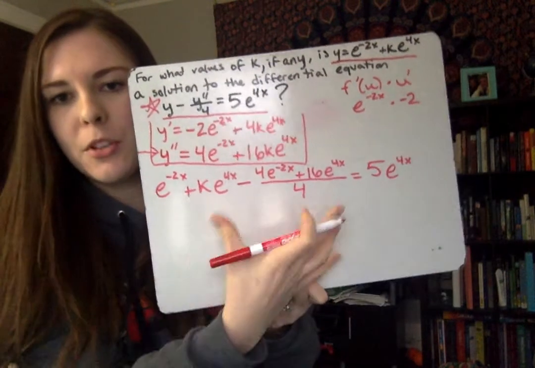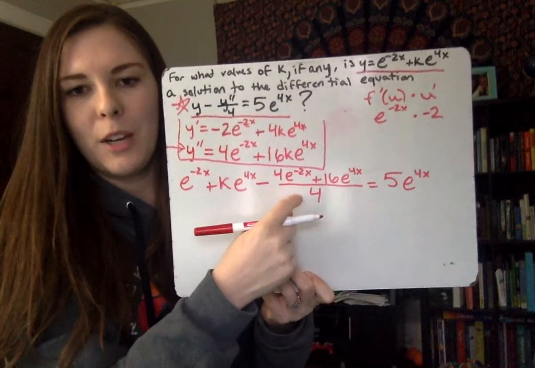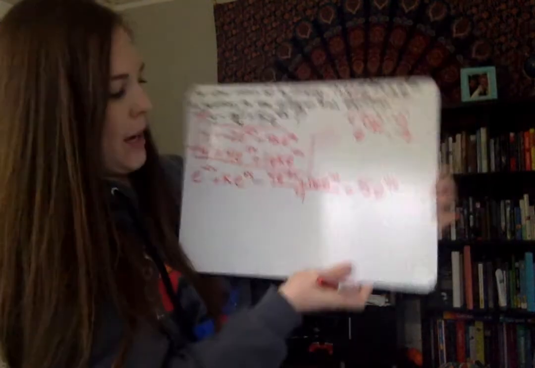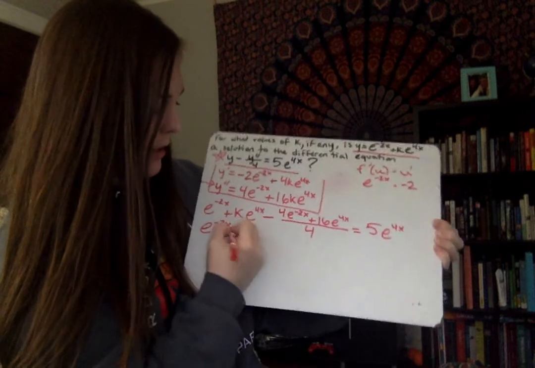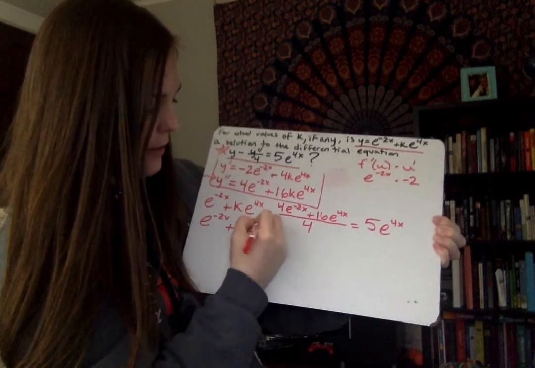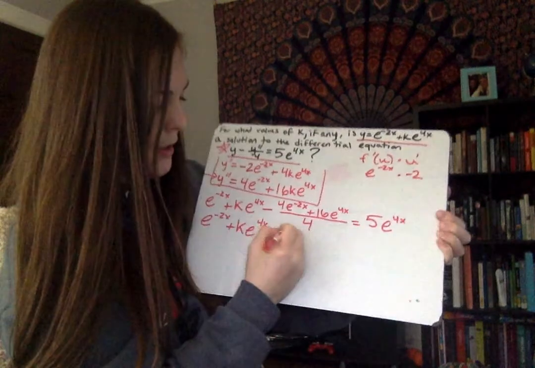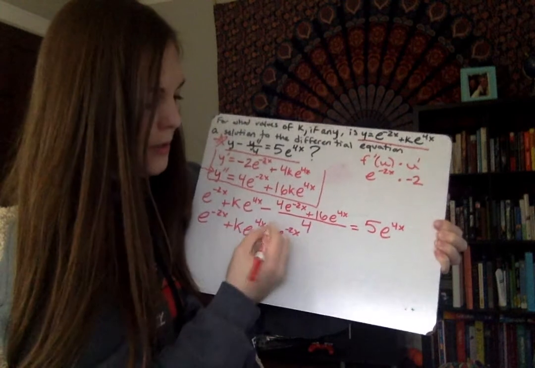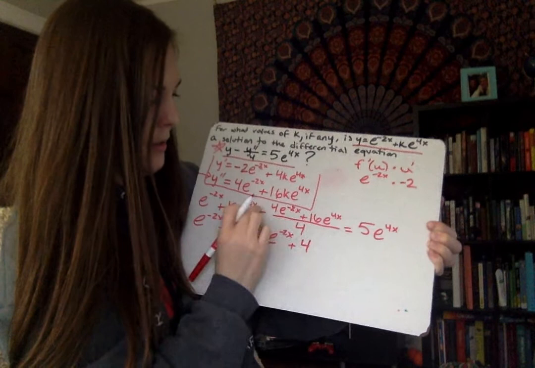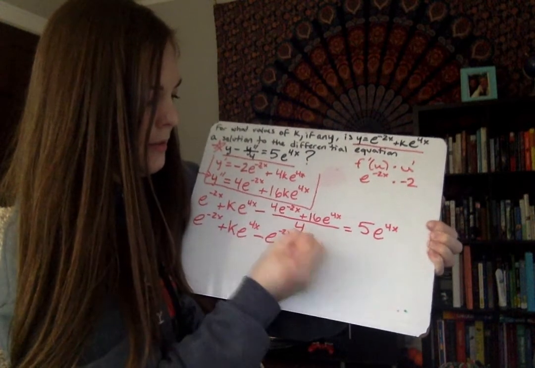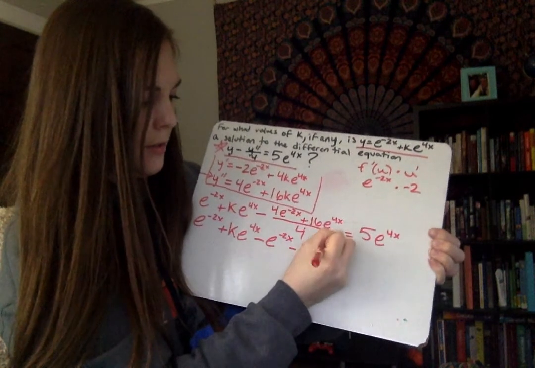Okay, now before we go through and do that, I'm going to simplify this a little bit. Hopefully you guys are wanting to deal with this fraction here. So I'm going to divide each coefficient by 4, and that gives me e to the negative 2x plus k e to the 4x minus 4 divided by 4 is just 1, so e to the negative 2x, there's our invisible one, minus 4k e to the 4x.